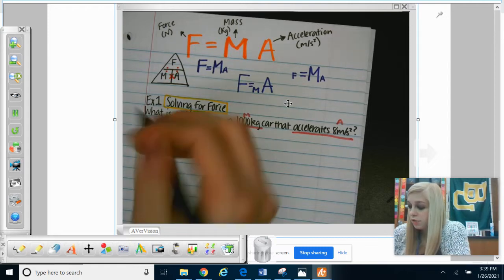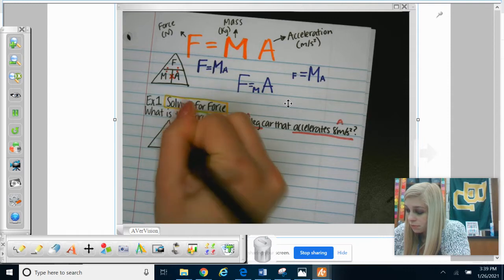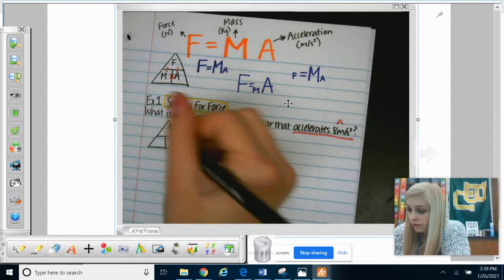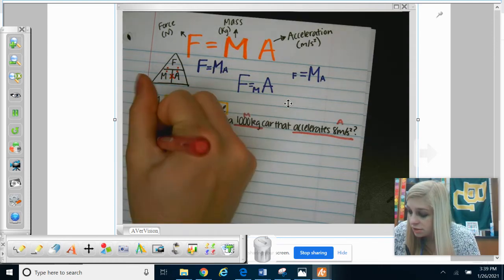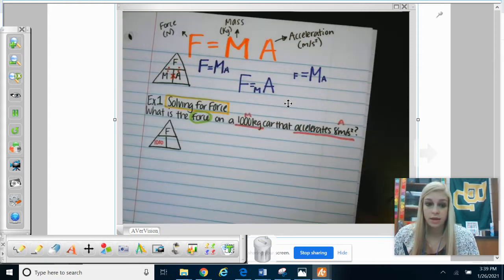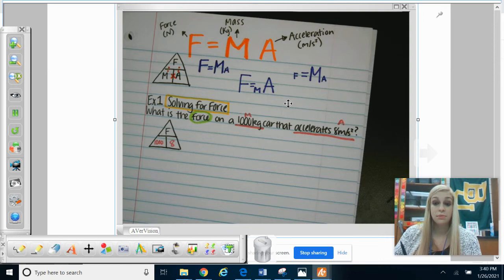So I draw the triangle. I'm looking for force. I'm given the mass of 1,000 and the acceleration of 8. If those two numbers are side by side, do you multiply or divide?